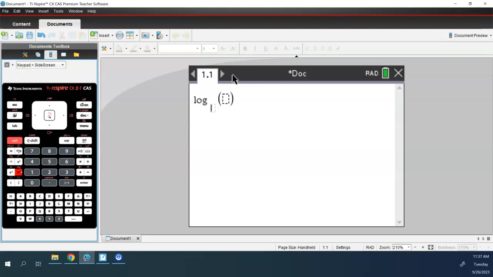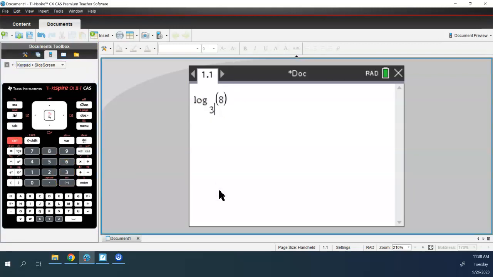And so all you have to do is fill it in so that they look the same. 3 tab 8. Now, most of the ones that we have set up are in exact mode.